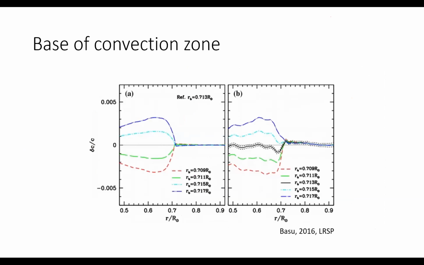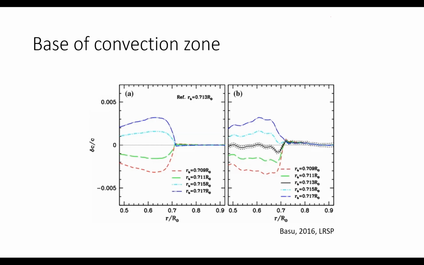But that's dynamics. I do want to talk a bit about the thermal structure of the convection zone and what we know about that. And that, it turns out, is actually significantly easier to localize very precisely. That's because if you look at different models with different positions for the transition from radiative to convectively unstable, the difference in sound speed is actually quite significant.